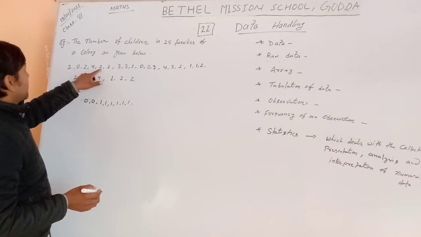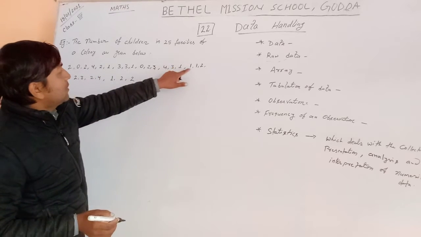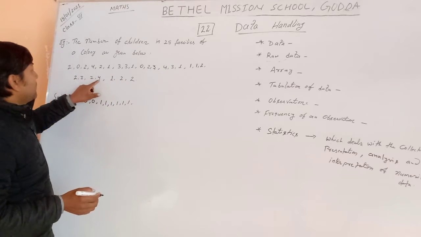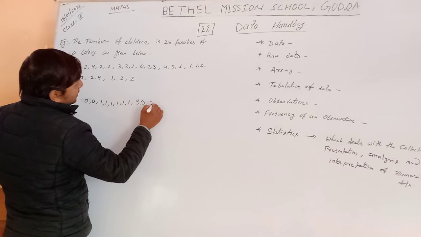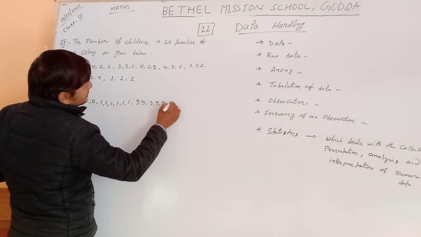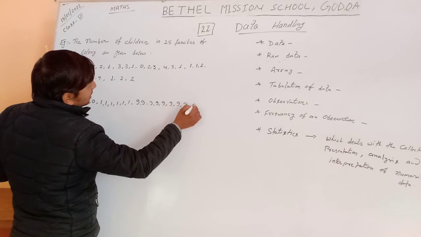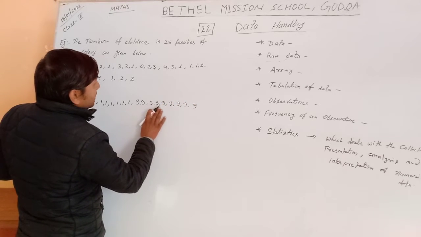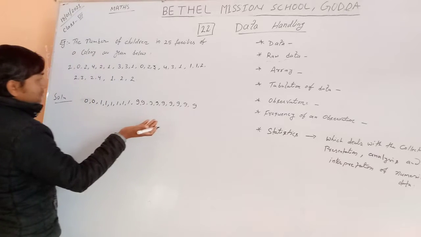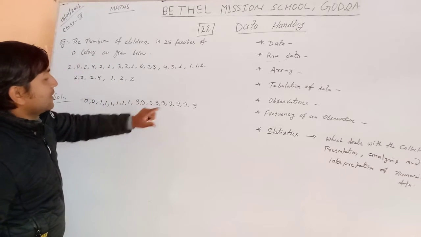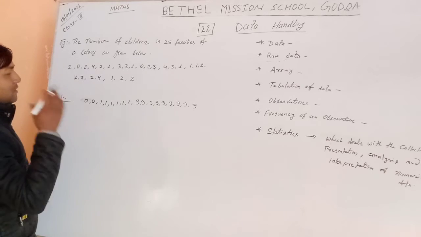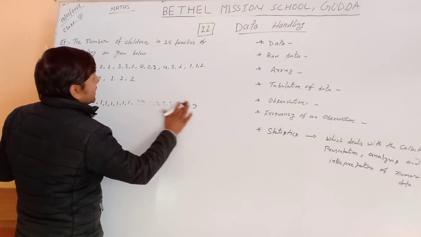And 2. How many twos? 1 2 3 4 5 6 7 8 9. Sorry, that is not 9 nines.